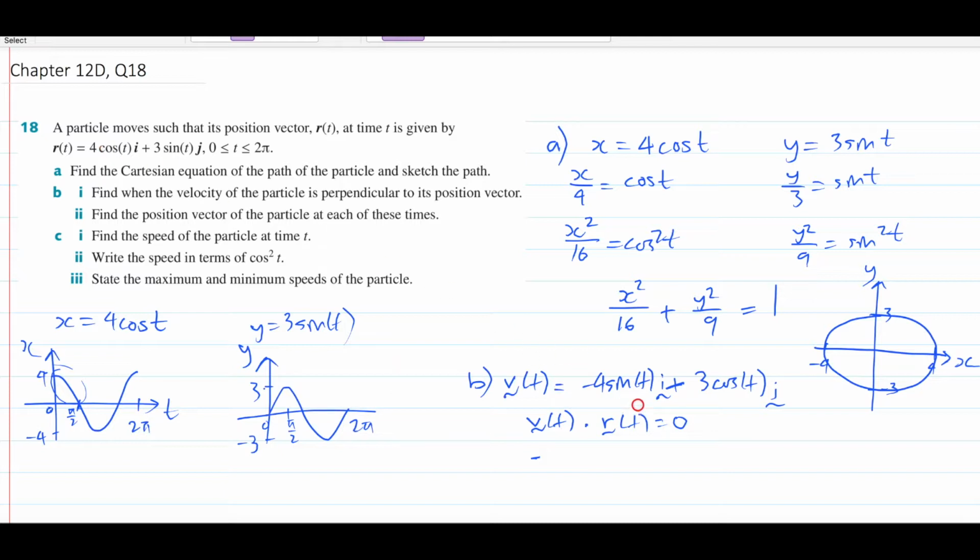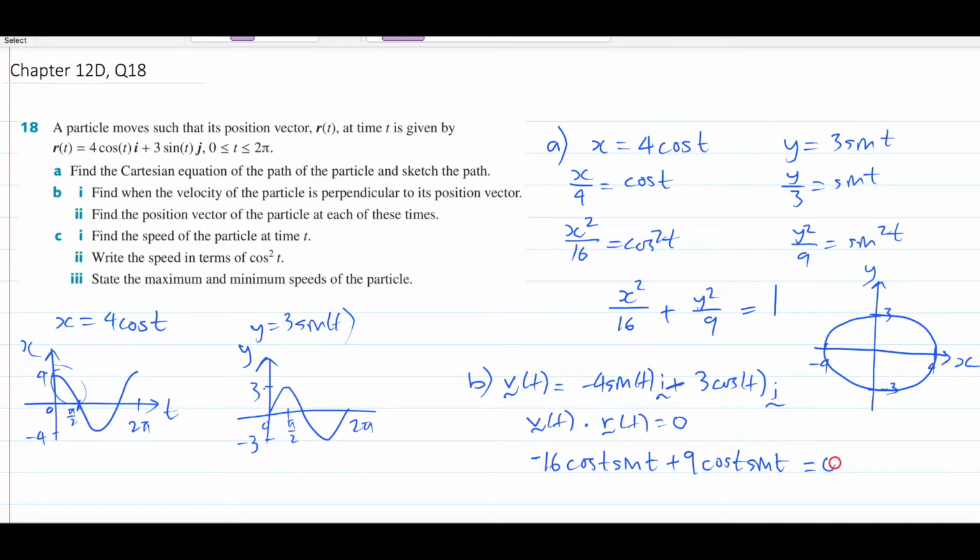So the i times the i and the j times the j, okay? So negative 4 sine t multiplied by 4 cos t, and you should get negative 16 cos t sine t, okay? And then you add your coefficients together, 3 sine t multiplied by 3 cos t, and you get 9 cos t sine t, and then the i and the j disappear.